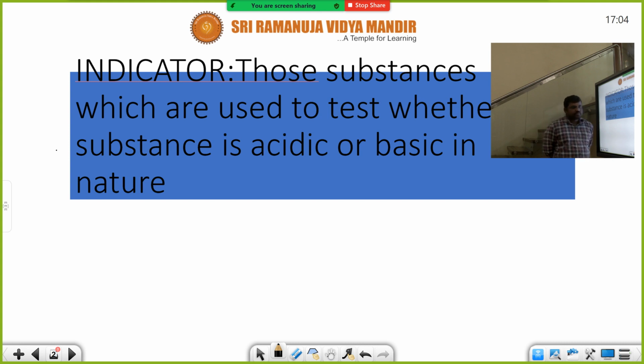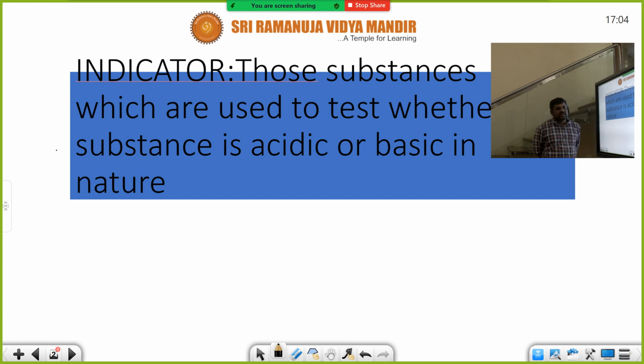Tell me, Nana. Lichens means what, sir? Lichen is a biological term. It is a mixture of fungus and organisms.